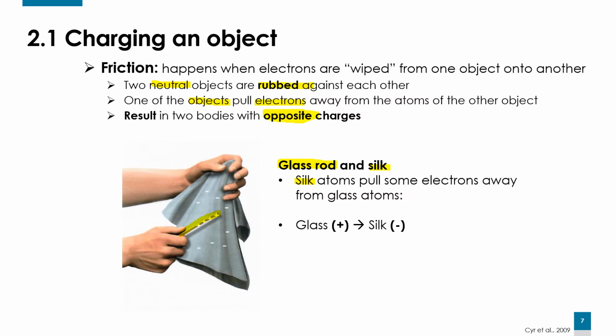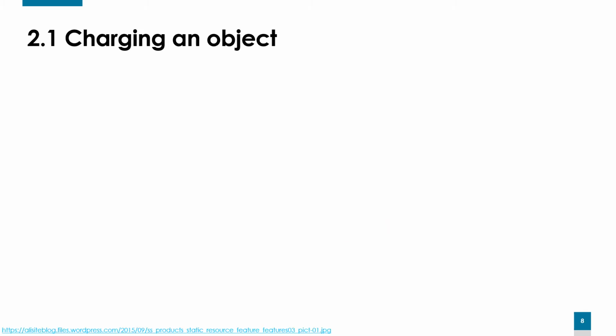The glass rod will be positive because it lost electrons, and the silk will be negative because it received electrons. Remember, to become positive doesn't mean I take protons. What changes is just the electrons. To be positive means I lost electrons. So in this case, the glass becomes positive because it lost electrons, and the silk becomes negative.